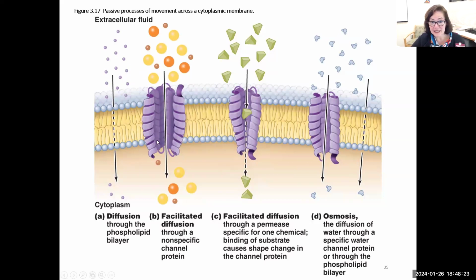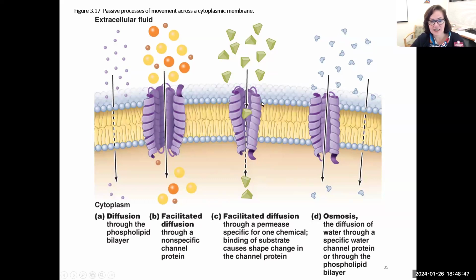Then facilitated diffusion, we have a couple of examples of this. In one of them, this integral protein is just open, and a number of different kinds of things can pass through. I think of this like a doggy door. It's little, it's open, and pretty much anything that size can pass through there. It's not real picky.